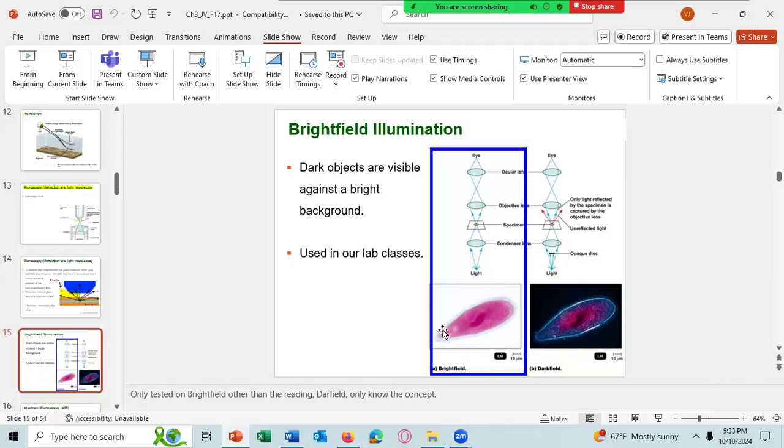The specimen is lighted up, and the background of the slide is very light because all it is is white light coming through the glass. Any question about bright field illumination?